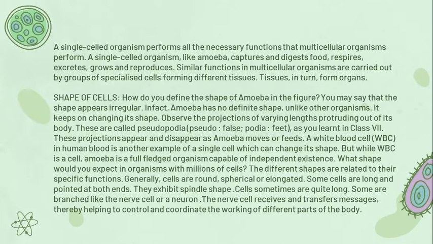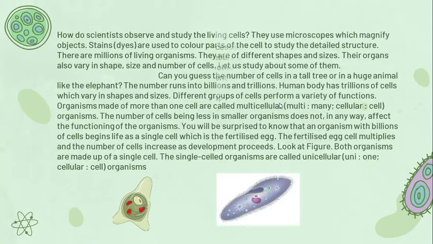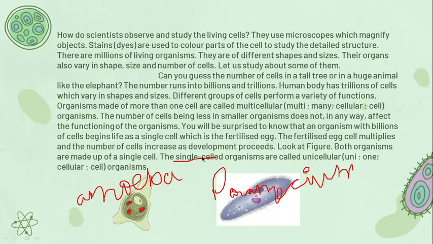Next, shape of cells. We have the number of cells, single celled and multicellular. And now shape of cells. How do you define the shape of amoeba in the figure? Here there's an amoeba, but can you define the shape of the cell?